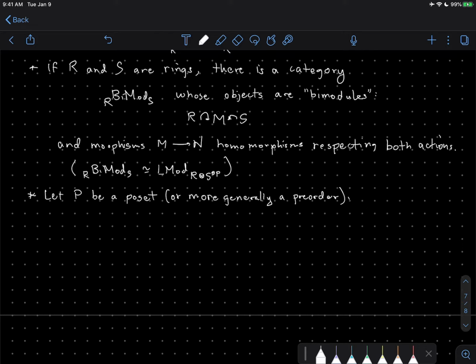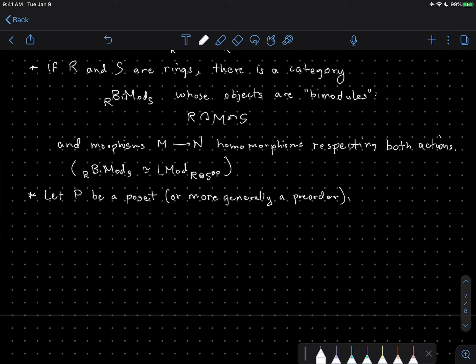That is, a set equipped with a relation that is transitive and antisymmetric. No, that's not a preorder. A preorder is a set that comes with a relation that is reflexive and transitive, and a poset is one that furthermore is antisymmetric.